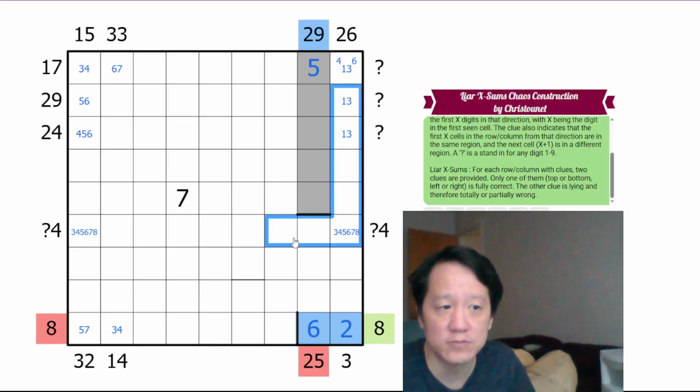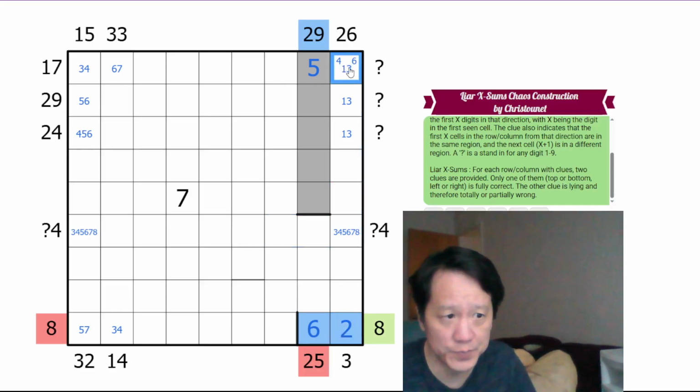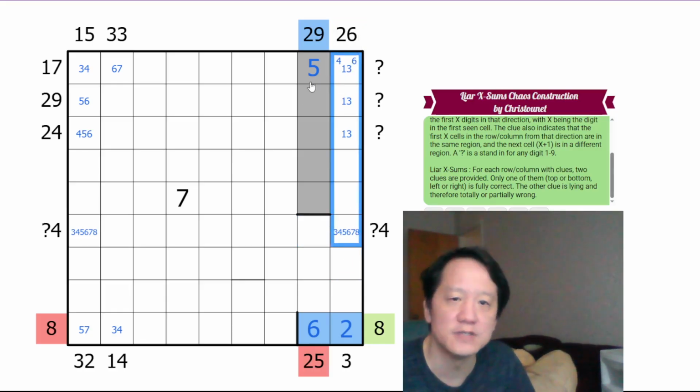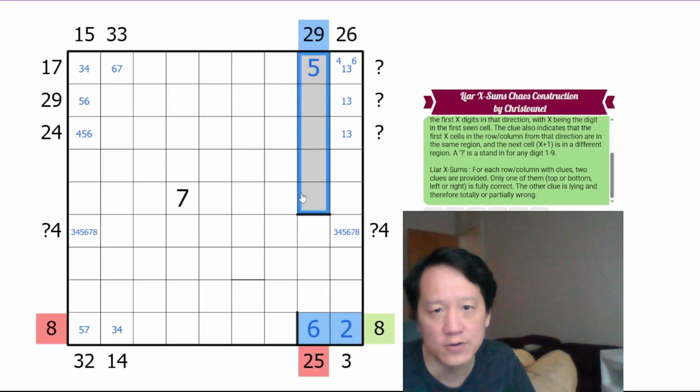Oh, no, that doesn't work. So okay, so either this is true or this is true. If this is true, that means this must be a full region by itself, and it's 6, because it cannot be with the 5 here.